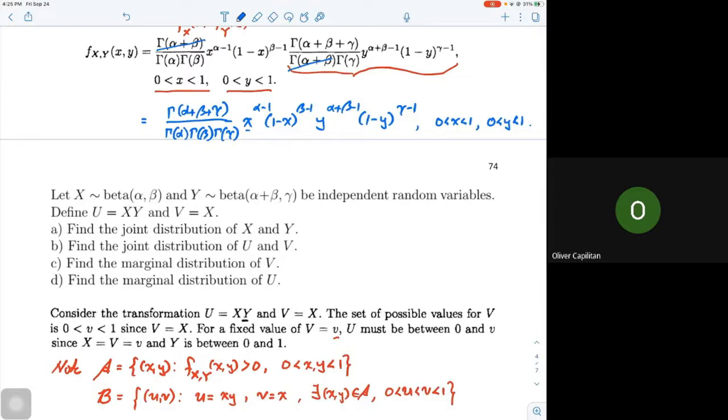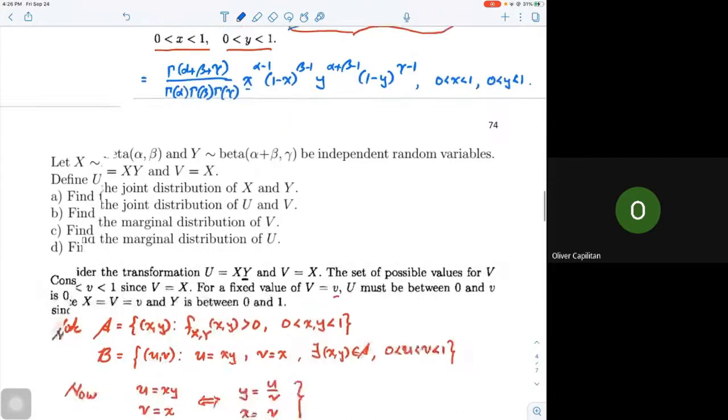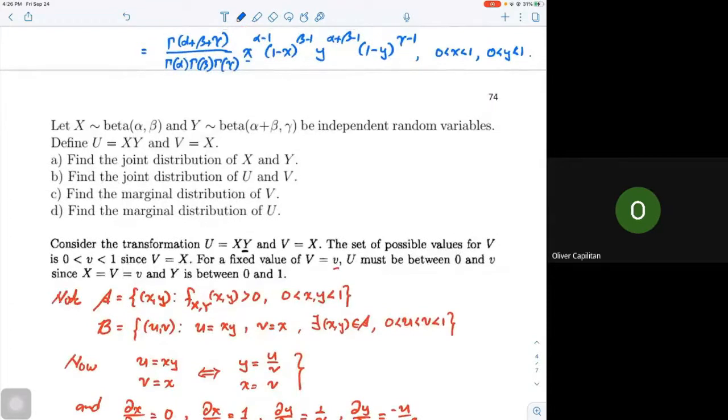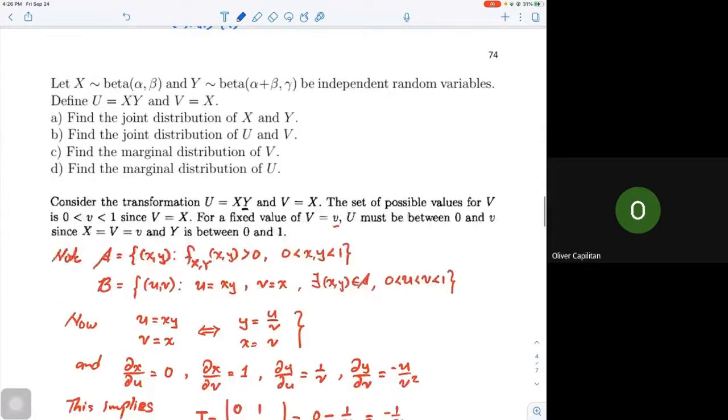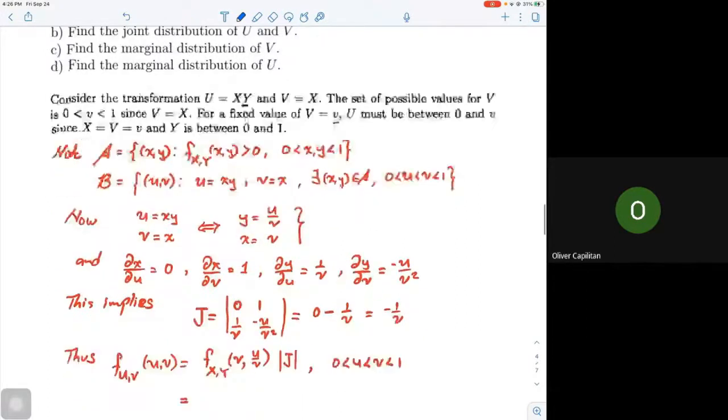And then we simply replace X here by V, and then Y by U minus V.